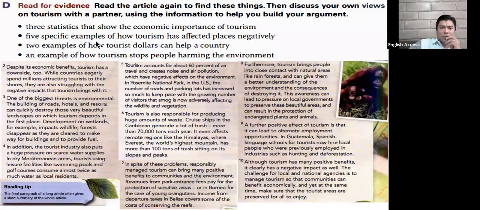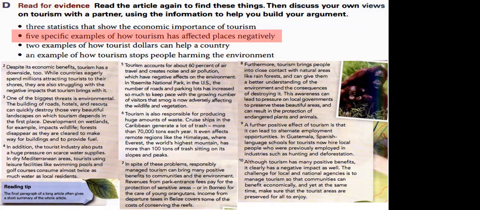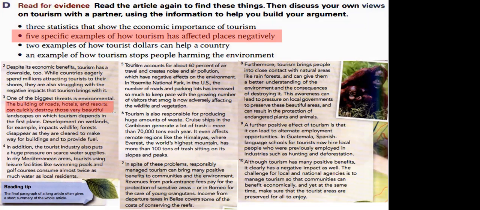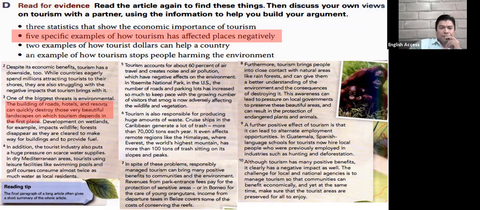5 specific examples of how tourism has affected places negatively. This one right here. The building of roads, hotels, and resorts can quickly destroy those very beautiful landscapes on which tourism depends in the first place. So that's one.